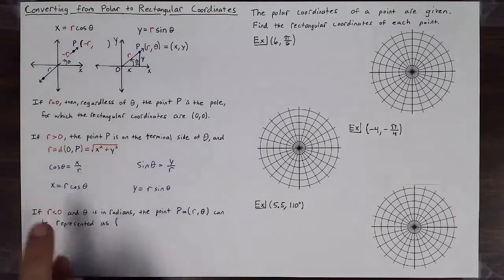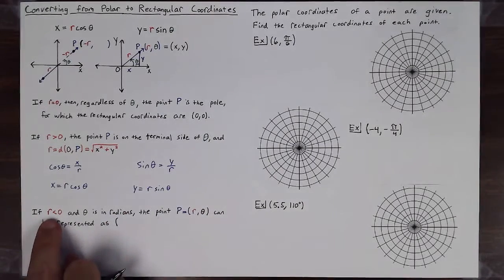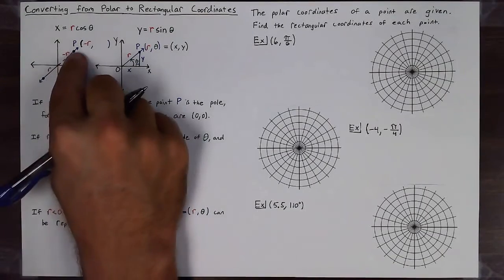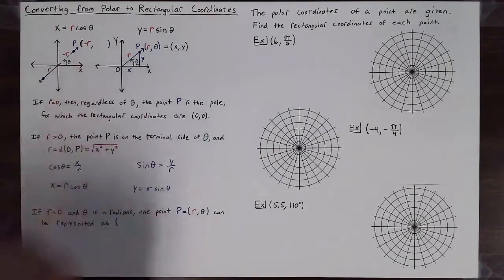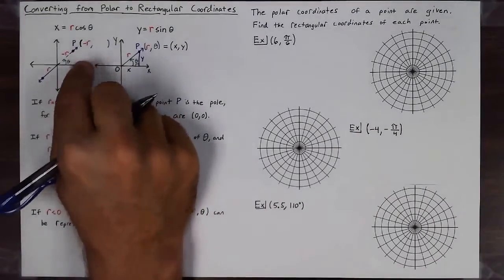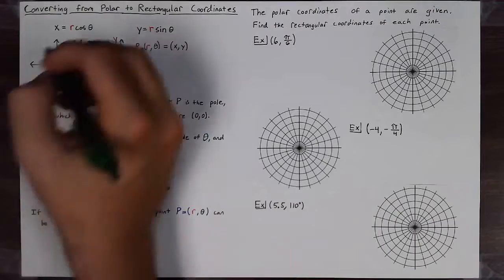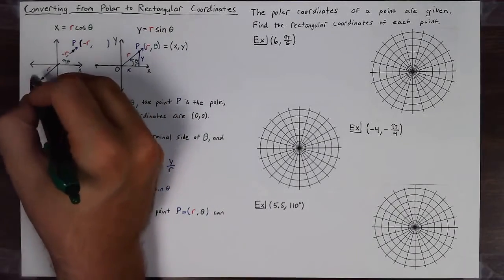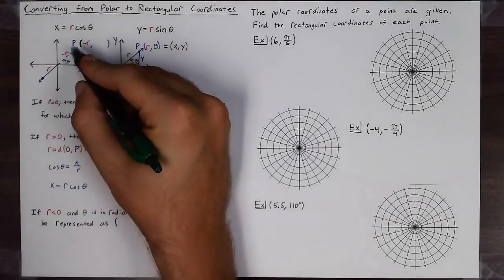But now, what happens if that radius happens to be negative? Well, if I want to represent the same point using negative r, then I need to think of what point I have over here so I can do the negative radius back.